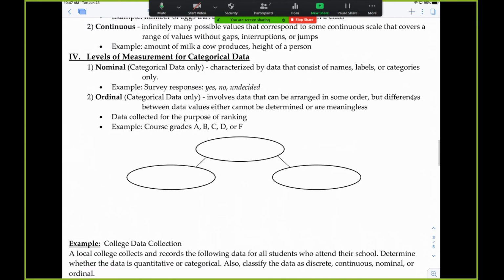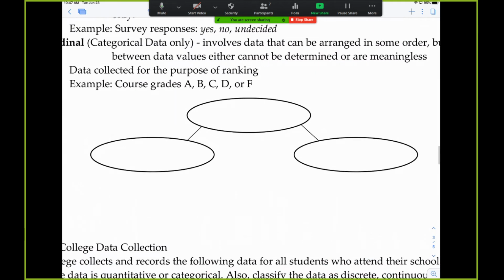So if you refer to this diagram, I'm going to fill it out. Broadly speaking, we have quantitative type data, and then we have categorical type data. And quantitative type data is just numerical data.